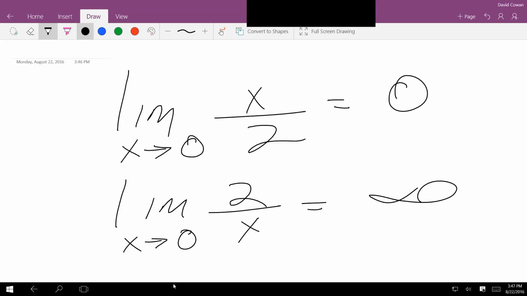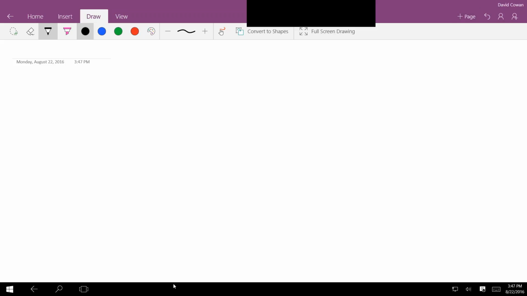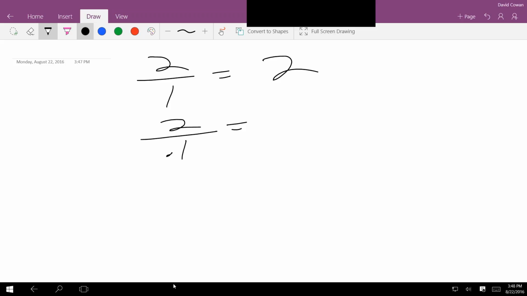You can divide a number into 0 and get 0. But you cannot divide a number by 0. When you divide a number by 0, look what happens. If I take the bottom and say 2 divided by 1, that's equal to 2. But now let's start making the bottom smaller. Equal to 20. Now we make the bottom smaller still.